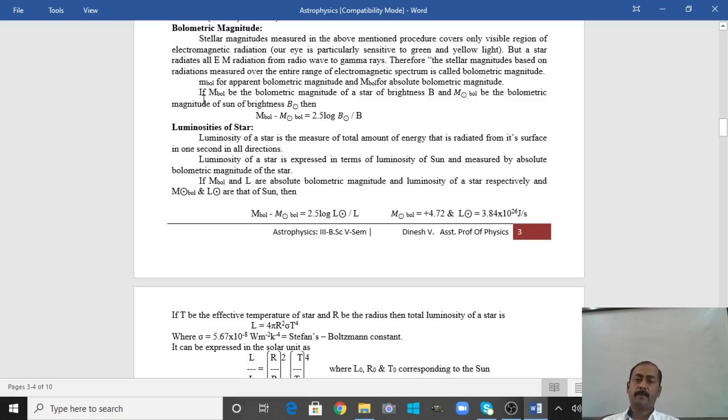Here small m bolometric is for apparent bolometric magnitude and capital M for absolute bolometric magnitude.